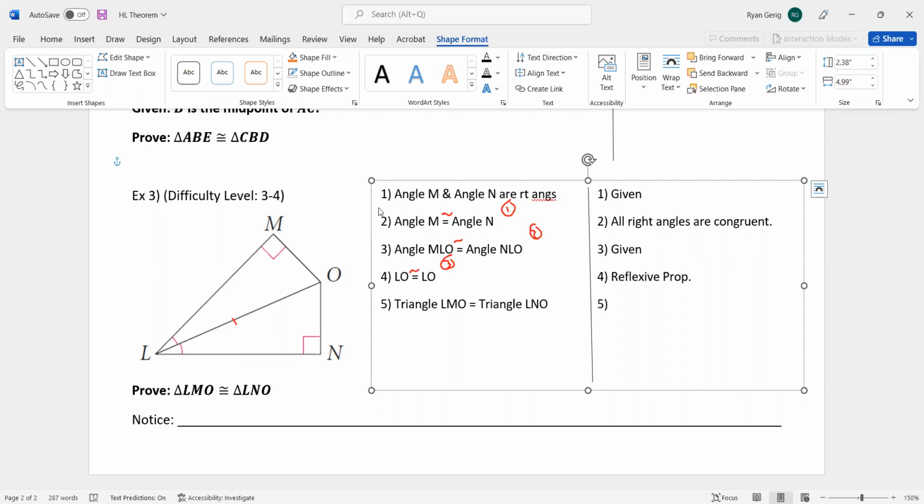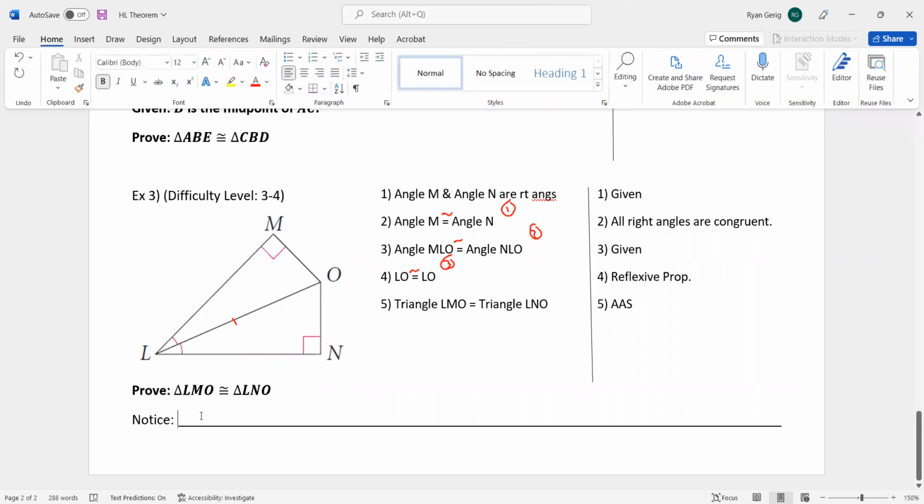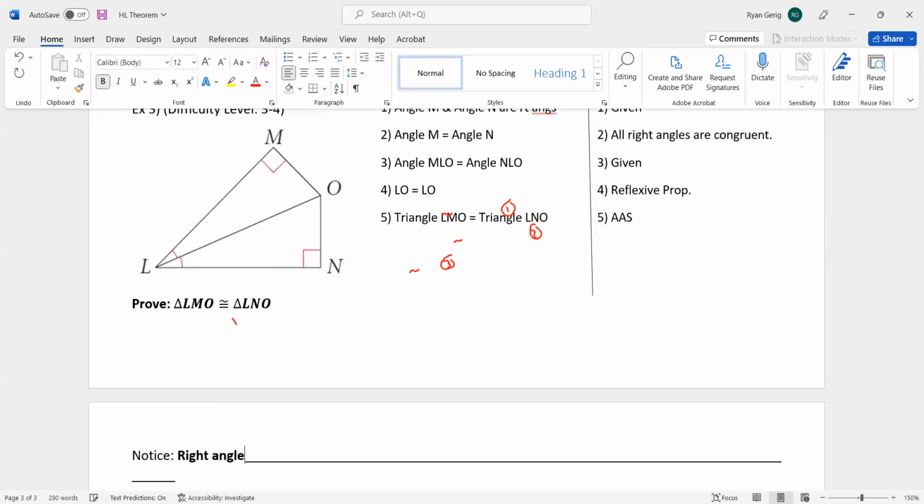This is where it gets a little tricky. What's the reasoning? A lot of people are going to put HL theorem here. It's not. It's angle side. What I want you to notice here is right angles do not guarantee that you'll use HL theorem. So I'll write that out here. Right angles do not guarantee you will use the HL theorem.